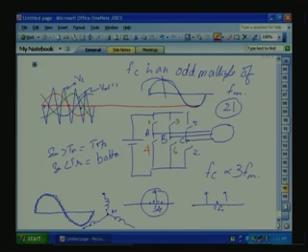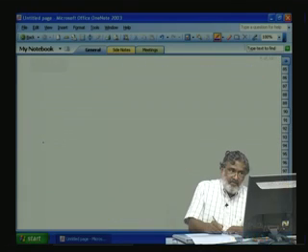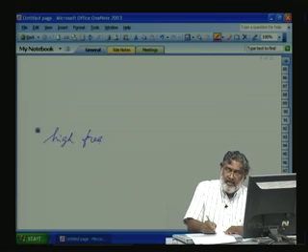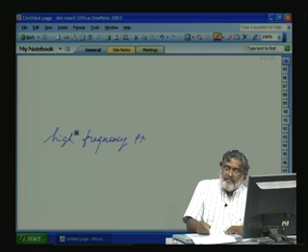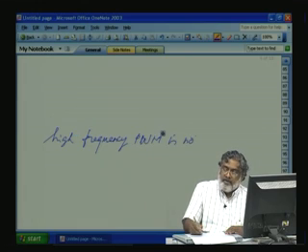But for motor drive applications, high frequency PWM is not preferred.